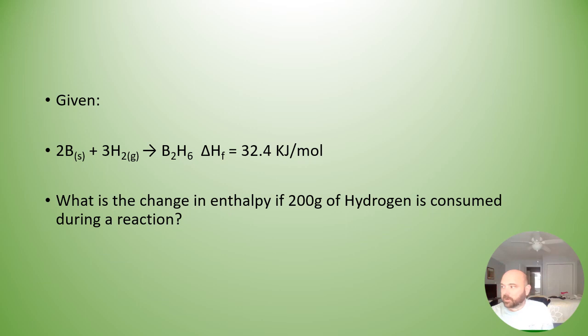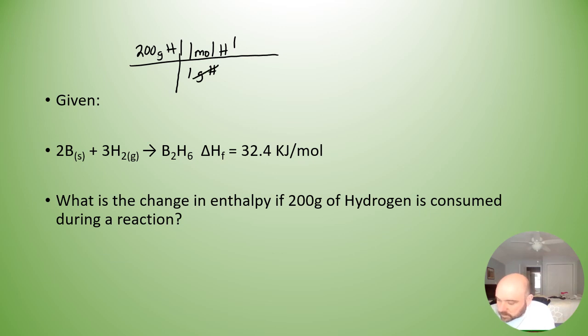This sounds like another one of our conversion style problems. So if we say that 200 grams of hydrogen has approximately 1 mole of hydrogen per 1 gram of hydrogen, that will allow us to cancel grams. And we want to go from moles to how many joules or kilojoules would be the case if we burn 200 grams of hydrogen.